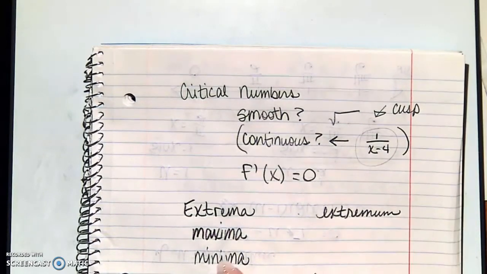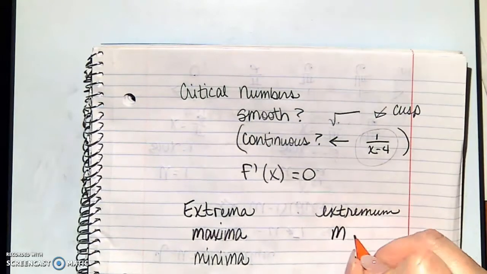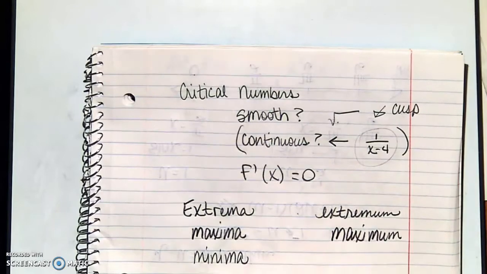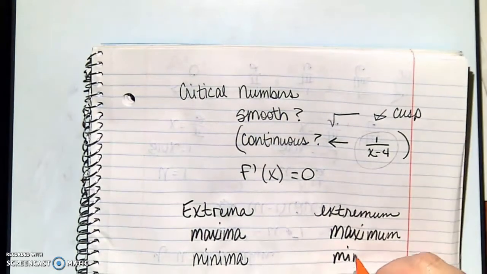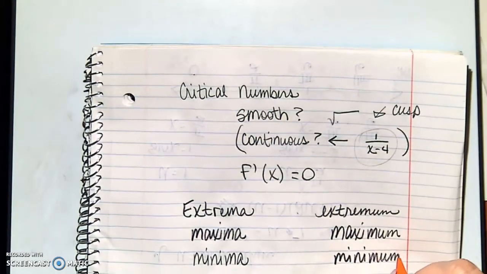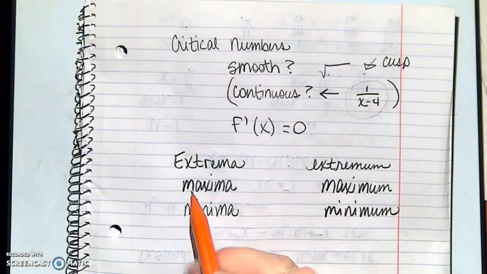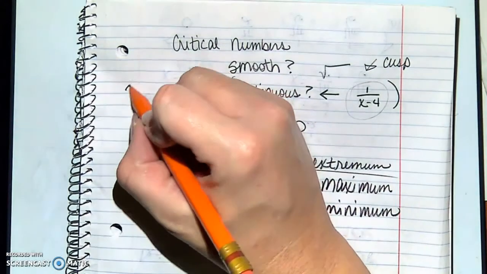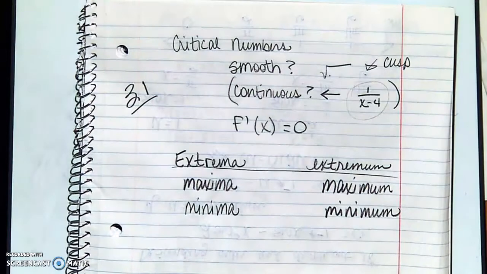If I have one of those, it would be a maximum. If I have one of these, it would be a minimum. And I'll be able to figure out what those are as we take this little journey through 3.1, which is applications of derivatives.